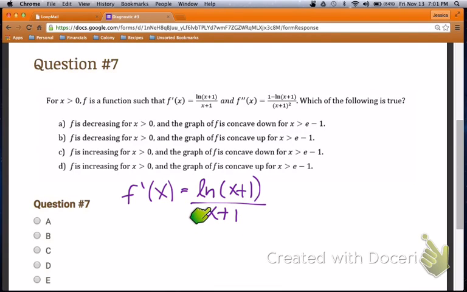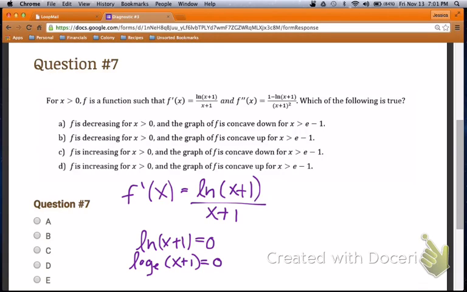So in order to find the critical points, we can figure out essentially where the top is 0 and where the bottom is 0. So if I set ln of x plus 1 equal to 0, I can solve for x because remember that ln is just log base e. So this is log base e of x plus 1 equals 0.